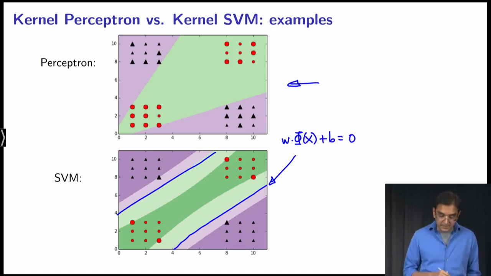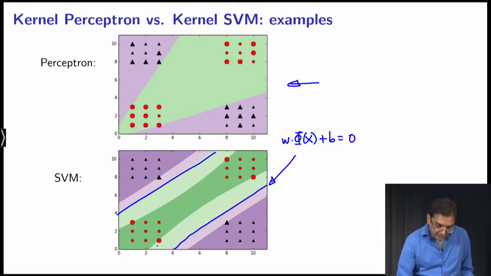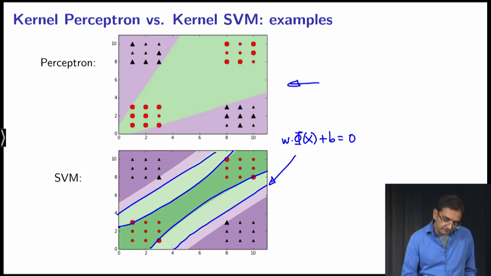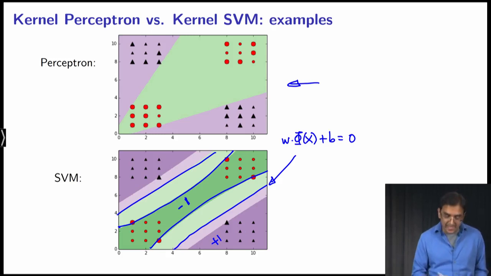What about this boundary over here? What's that? Well, let's say that the greens are -1 and that the purples are +1. Let's say that's how we code the classes.